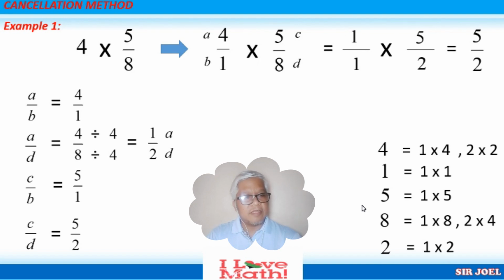O i-rename natin itong improper fraction into a mixed number. In this case, how many 2's in 5? Meron kang 2, then ilan yung sobra? 1, and copy the denominator 2. So, ibig sabihin, 5 over 2 is now equivalent to 2 and 1/2.